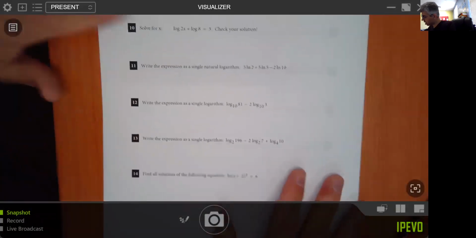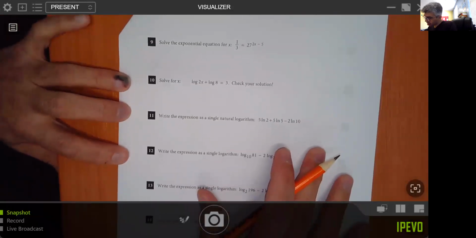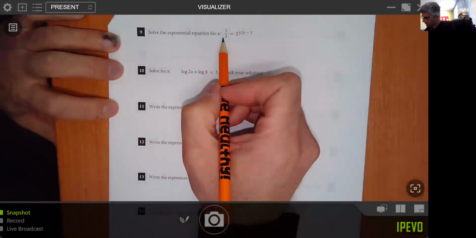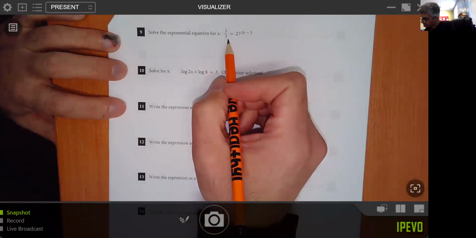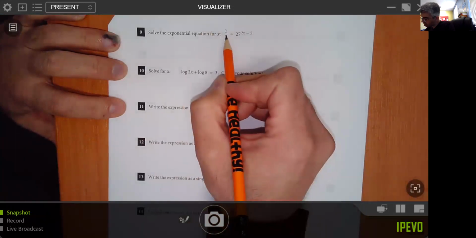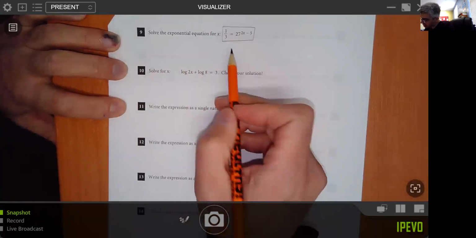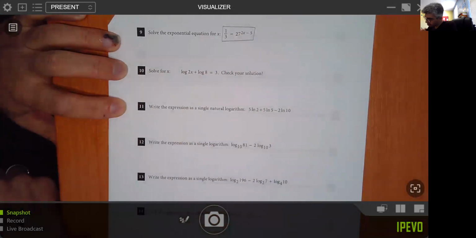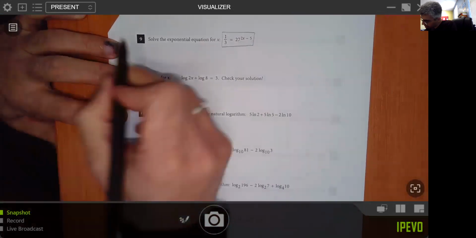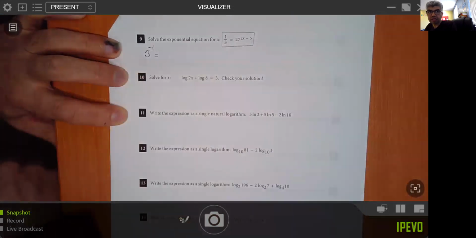Next question. Wow. Let's solve them all. Number 9. Solve the exponential equation. All right, and we have just studied this one. Guys, can I write both sides with the same base? I think so, right? Because 1 over 3, I can write as 3 to the power of negative 1.